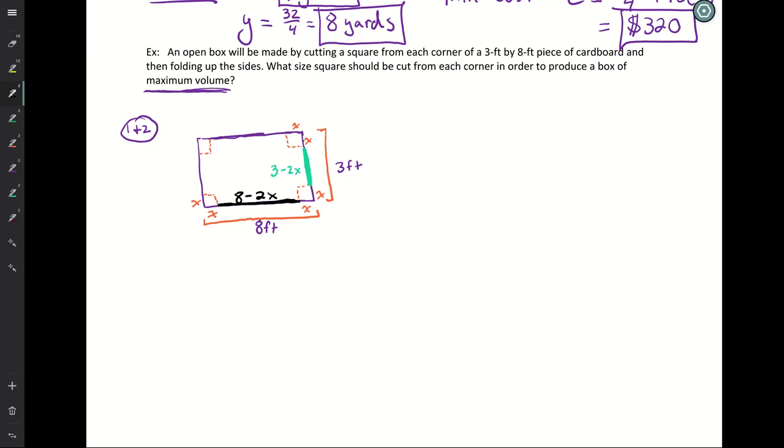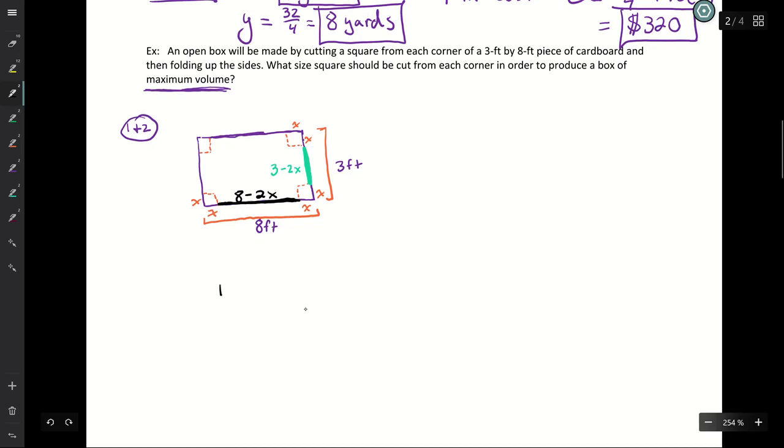If you think about the box, it's now got these folded up corners. The folded up portions are x, I'm going to say feet tall. This long side along here is 8 minus 2x long.